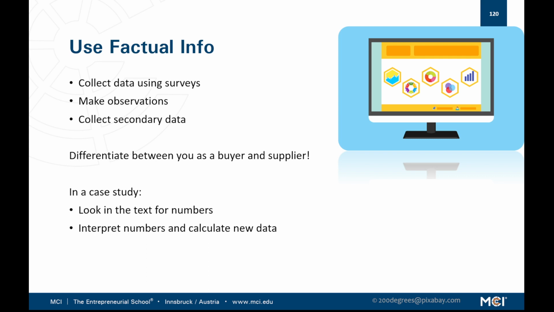And usually the case studies omit some data in order to give you an opportunity to make your own calculations and come to your conclusions. And finally, a case study is not restricting. You can also look for other evidence. For instance, the case study that I usually work with my students is the BlackBerry case. And in the BlackBerry case that we have from Harvard Business Review, they have plenty of data, but there is also additional information.